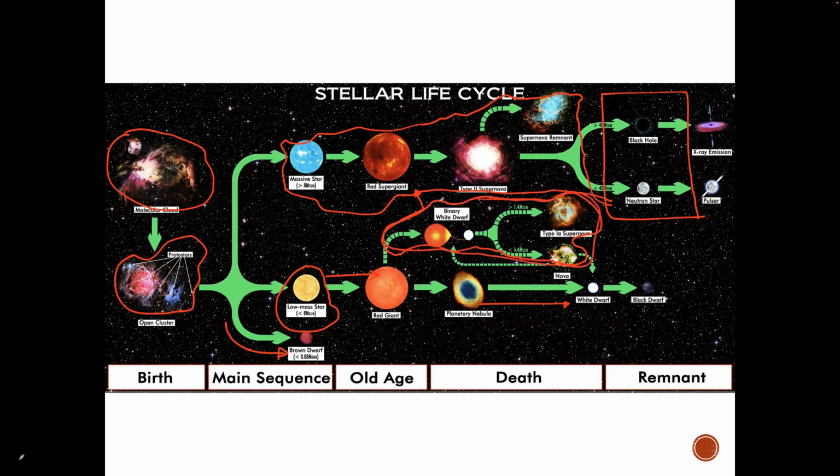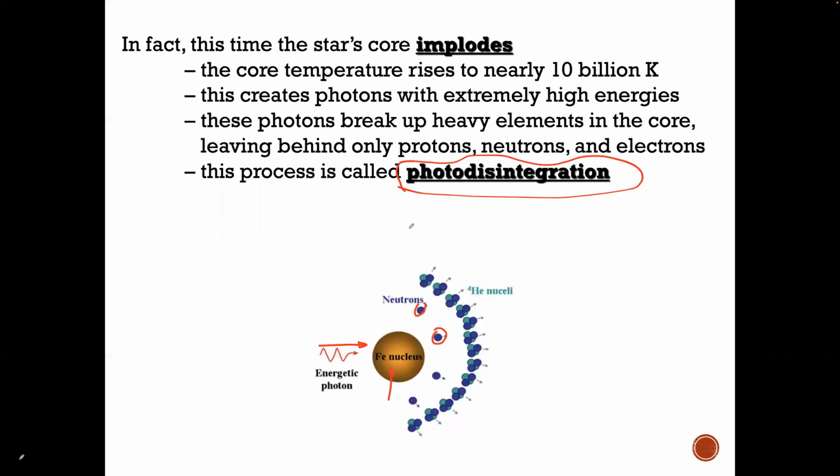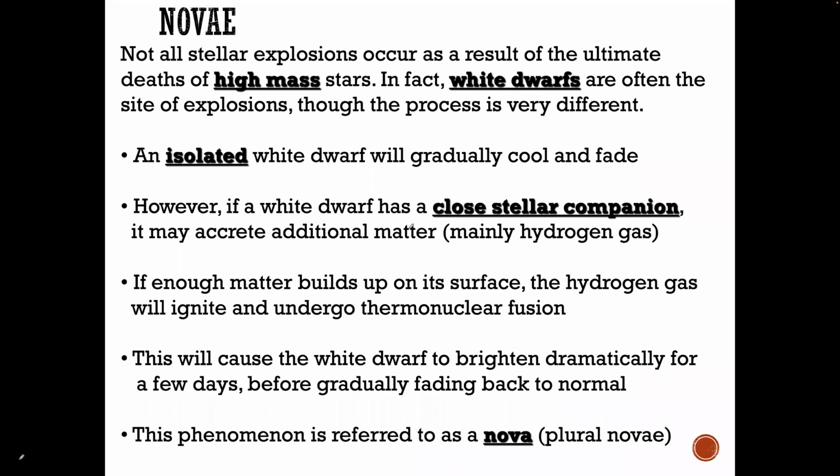Nova and type 1 supernova, which we did not talk about when we were talking about the low mass stars. Right. Now, we all know that these stellar explosions are what we call supernova explosions. However, we only talked about what happens to these high mass stars as type 2 supernova.